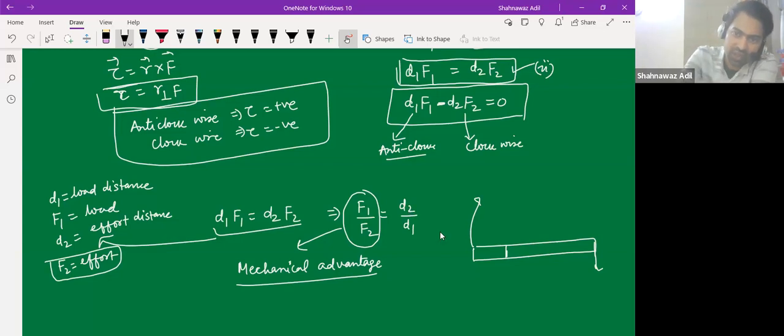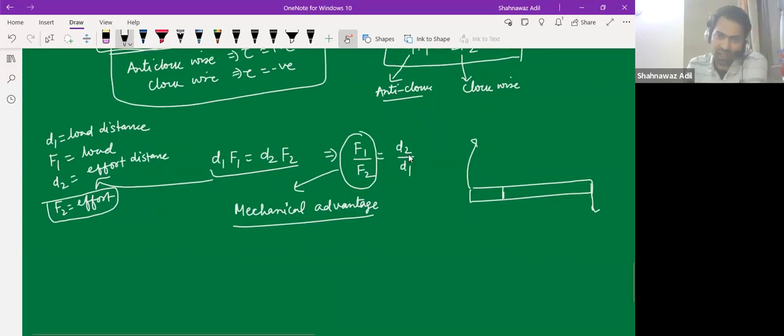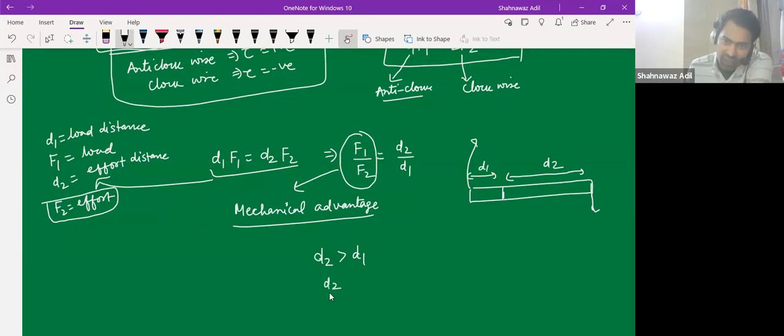If D2 is greater than D1, so we have increased D2 and D1 is small, then what will happen? D2 by D1 would be how much? If I take this to the left hand side, D2 by D1 would be how much?